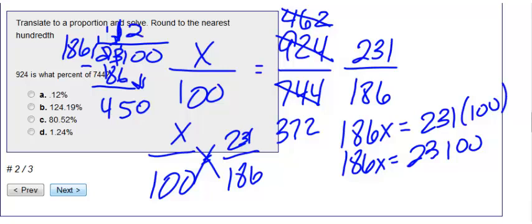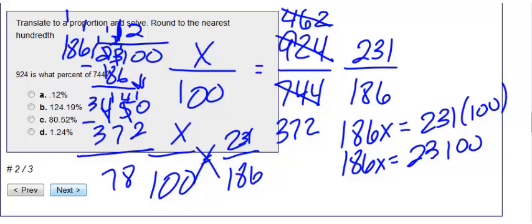So we still have that 1 there. 2 times 6 is 12. 2 times 8 is 16, plus my 1 is 17. 2 times 1 is 2, plus my 1 is 3. We're subtracting. Borrow, that's 10 minus 2 is 8. Borrow, 14 minus 7 is 7. And we still need to bring down another 0.